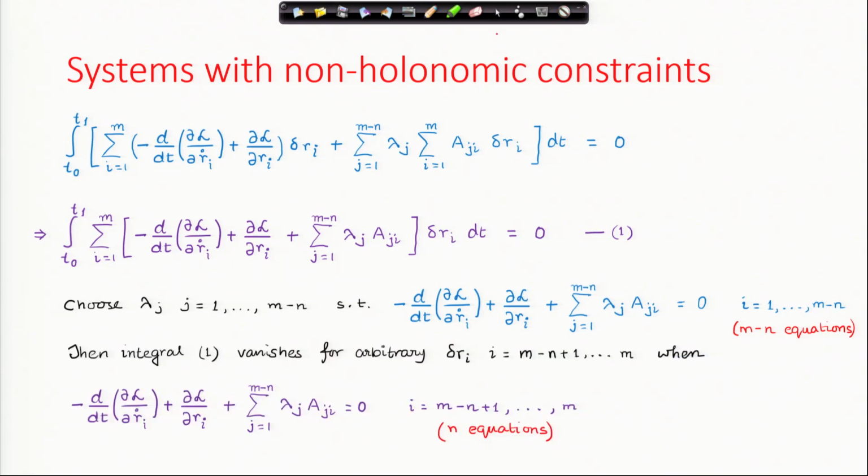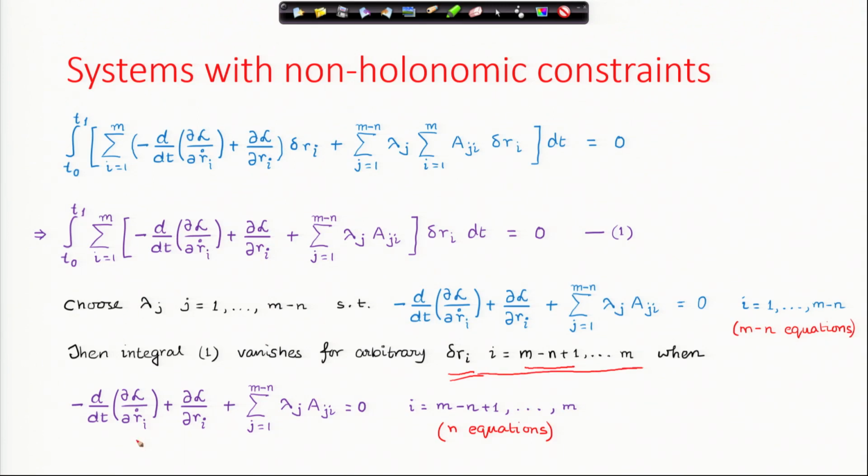Then the integral vanishes for arbitrary delta r_i, where now i starts from m minus n plus 1 and goes up to the total number of physical coordinates, which is m. Now, these can be chosen arbitrarily, and therefore their coefficients must be 0 for the integral to vanish.